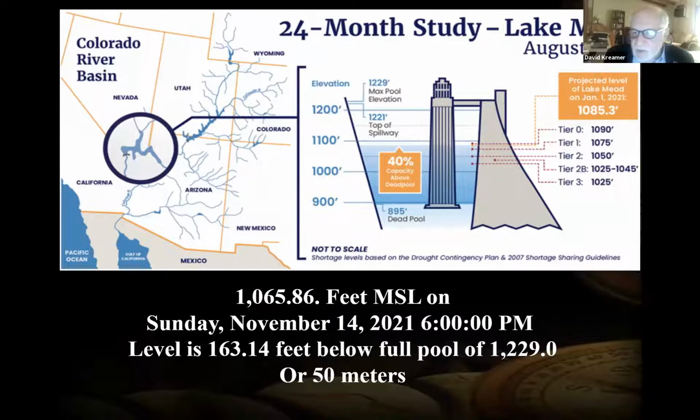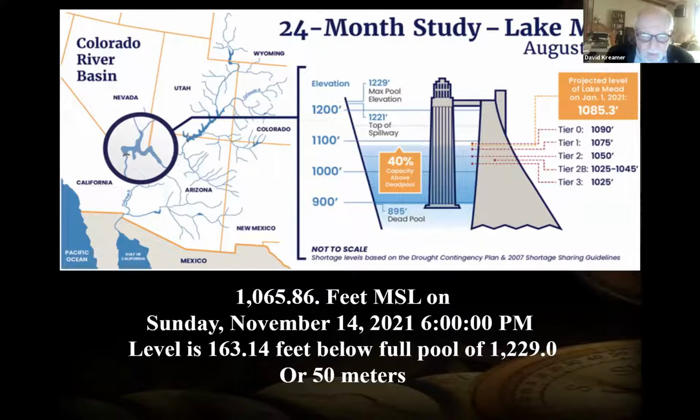And so the drought restrictions you can see for tier 1 restrictions, when the water comes down to 1,090 feet above sea level, one set of water restrictions kicks in. At 1,075 feet as it declines, tier 1, and then you can see tier 2. This is a cross section of the lake here and Hoover Dam, and you can see as the water level were to decline, you have tier 2, tier 2B, and tier 3 water restrictions, which are increasingly severe water cutbacks for all the different states.